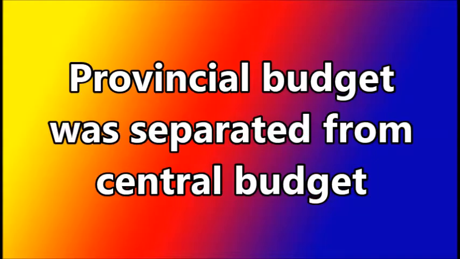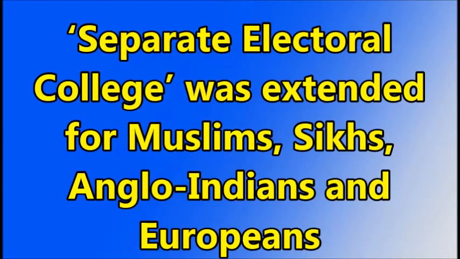Fifth one, provincial budget was separated from central budget. Sixth one, separate electoral college was extended for Muslims, Sikhs, Anglo-Indians and Europeans. So they are the 6 important provisions of the Act of 1919.